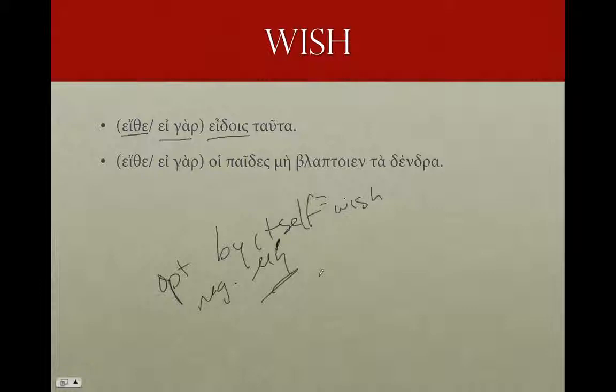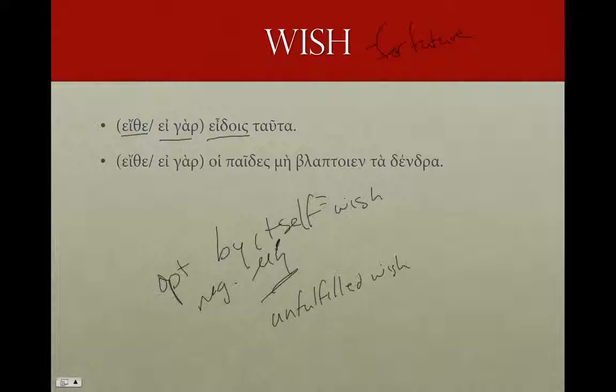Now there are two other wishes that I want to bring up. So this is a wish for the future. But there are other types of wishes too. You can have a wish for the present. That is an unfulfilled wish. Right? I wish I were someplace else. Or I wish you weren't watching this. That unfulfilled wish, now the idea is that they actually are watching this, or that I am here.